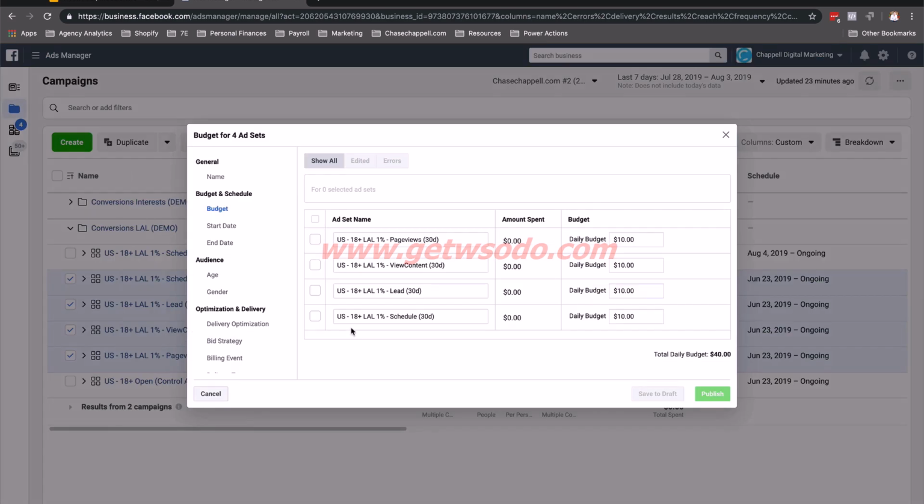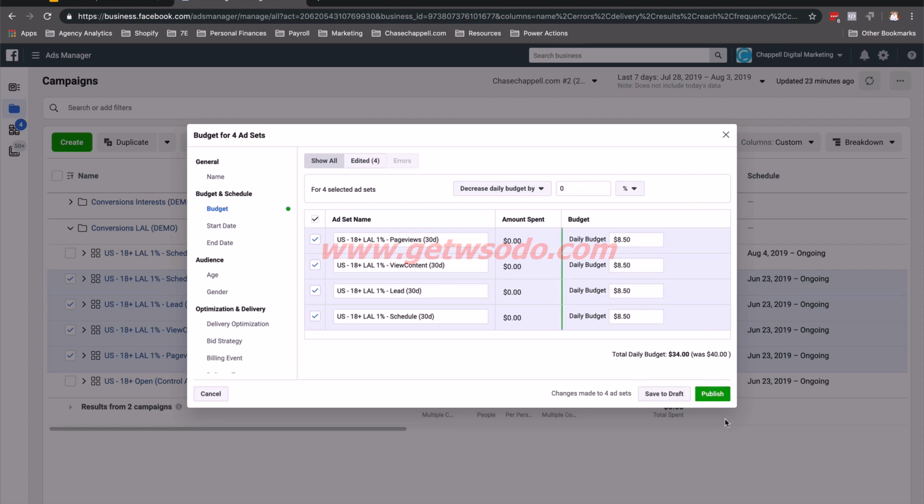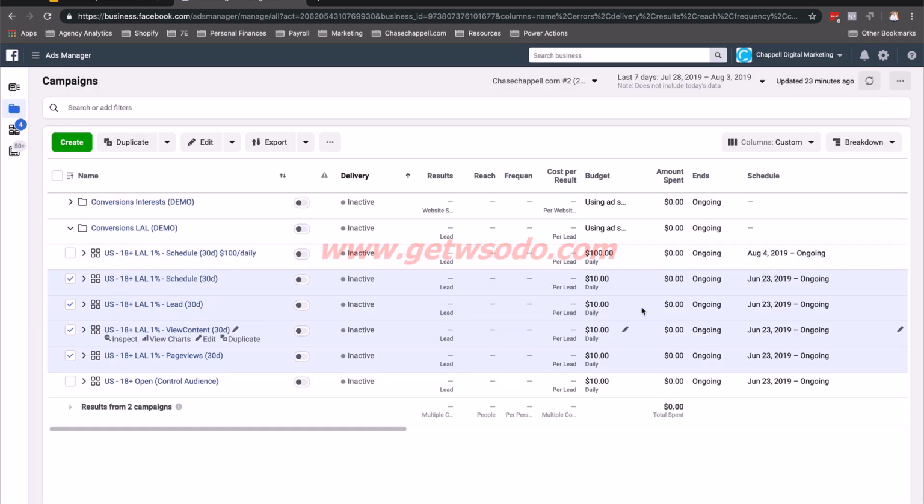You would come back, press the budget, select whichever ad sets were having a spike in your cost and lowered your results. And you'd come back and say, decrease daily budget by 15%. And then you would publish it and you would end up going backwards and finding out where to stay with your daily spend in order to get maximum results.